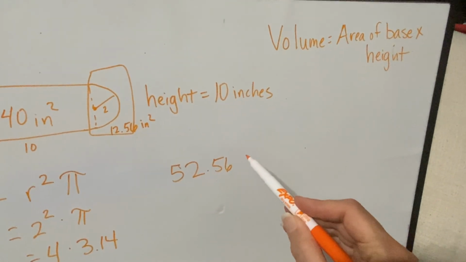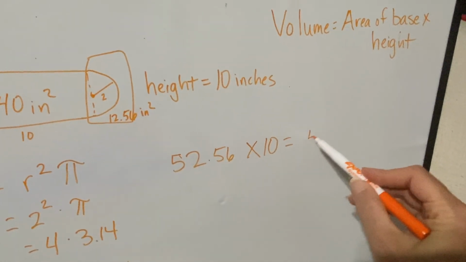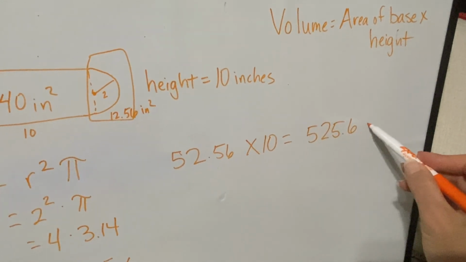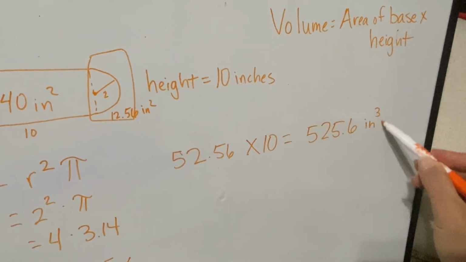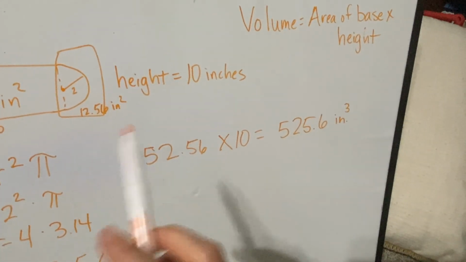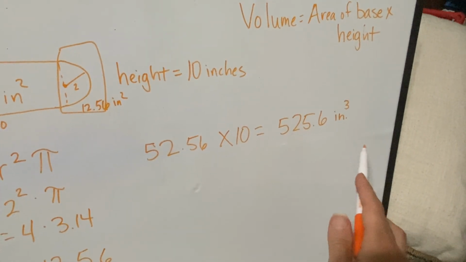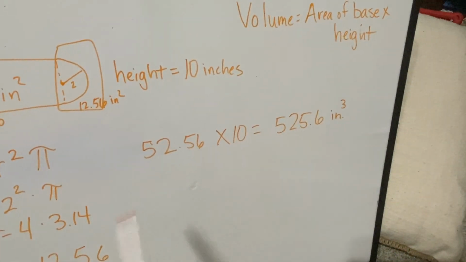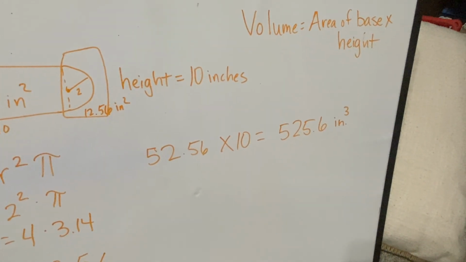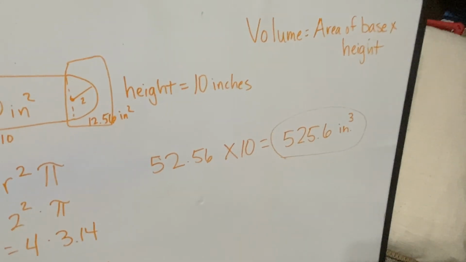We're going to take it times our height, which was 10. That is going to be 525 and 6/10 cubic inches, okay? Cubic inches, because you're taking inch times inch times inch. That's a cubic inch. Think of it as a dice. How many dice are going to fit inside this shape? So that is our answer.